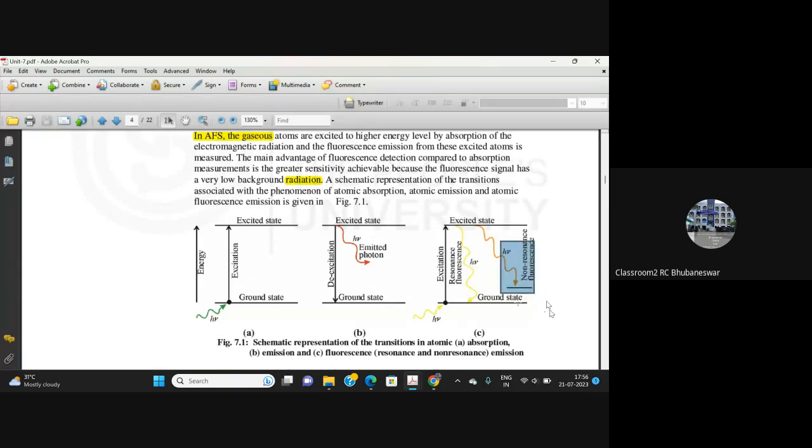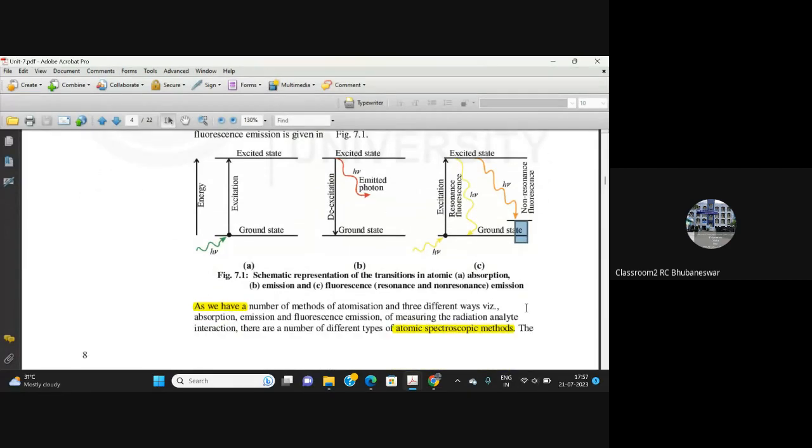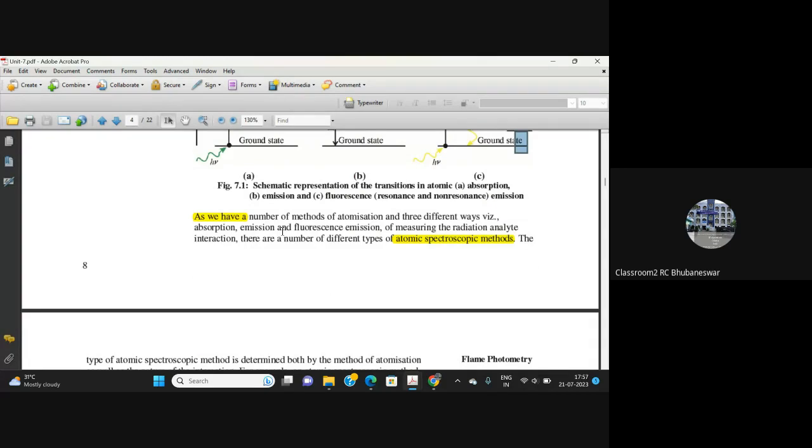Instead of the ground state, it goes to another energized state. However, it again comes back to the ground state through non-radiative relaxation process. That is possible. Okay.